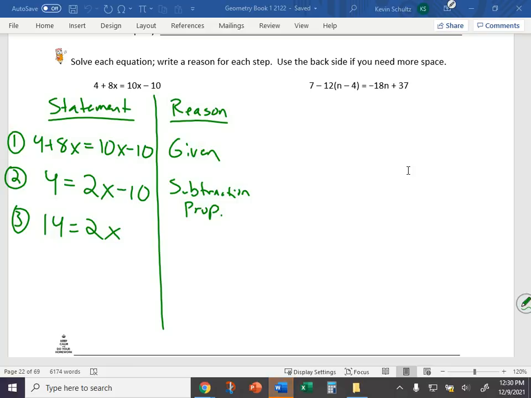Addition property. Okay. And finally, Mackie? 7 equals x. Because? Division property. Division property.